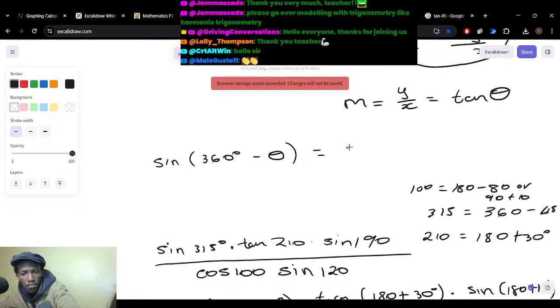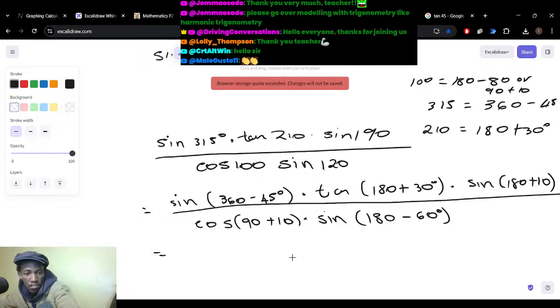So this is sine theta. Okay, let's just verify real quick. If we take this point and the minus 360, it's sine theta. So this means that sine of 360 minus 45 simplifies to sine 45.